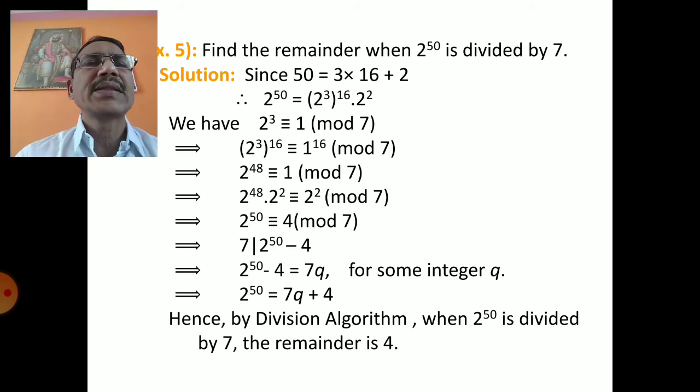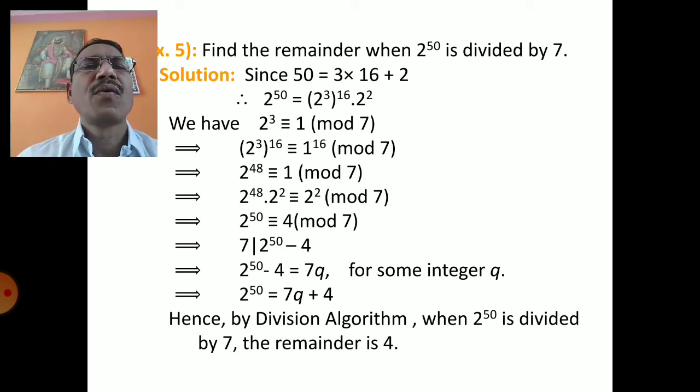50 can be written as 3 into 16 plus 2, and therefore 2 raised to 50 can be written as 2 raised to the power 3 into 16 plus 2, which can be written as 2 cube raised to 16 into 2 square.